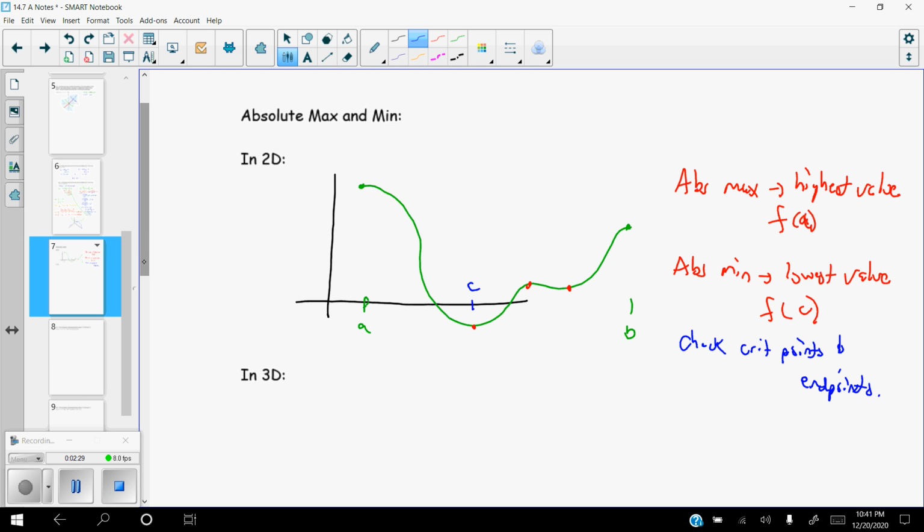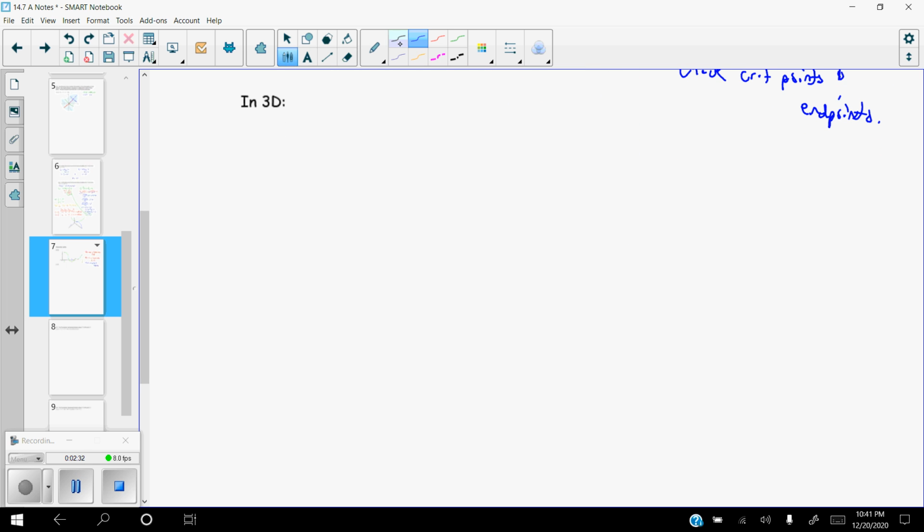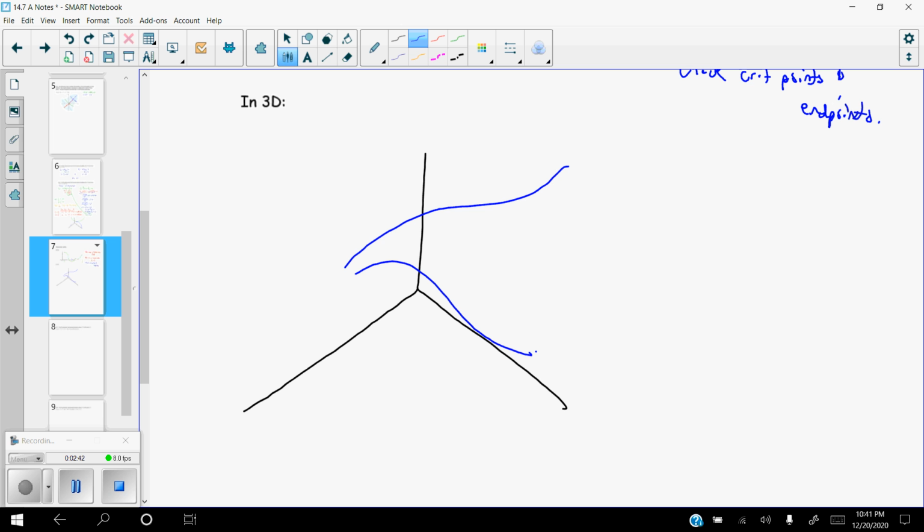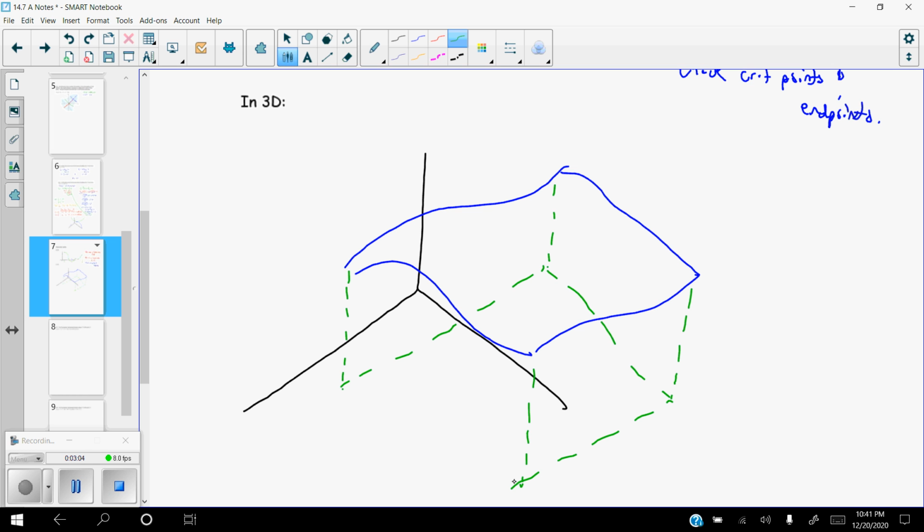Okay, it's a similar concept in 3 dimensions. So we're going to have our space floating up here and doing whatever it's doing. And specifically, this space is going to have a domain, which if we were to project this down into the XY plane, the domain would be some kind of a rectangular region, or it could be a square, just depends on what it looks like.